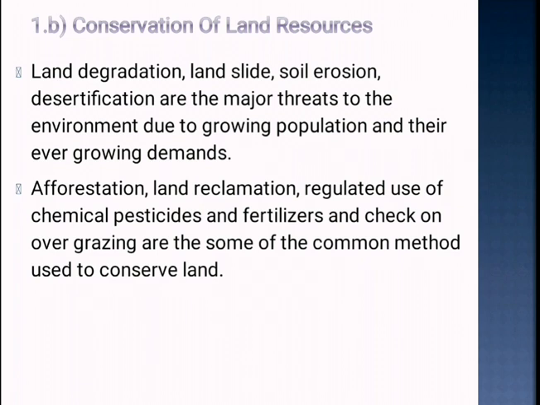Land degradation, landslide, soil erosion, and desertification are the major threats to the environment due to the growing population and their ever-growing demand. Due to the greed of human beings, we are over-exploiting our natural resources.